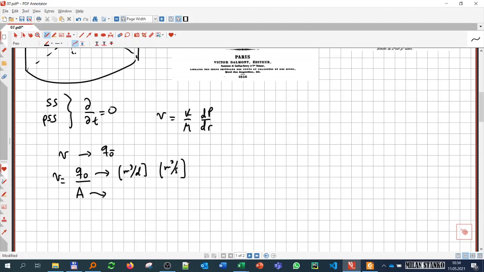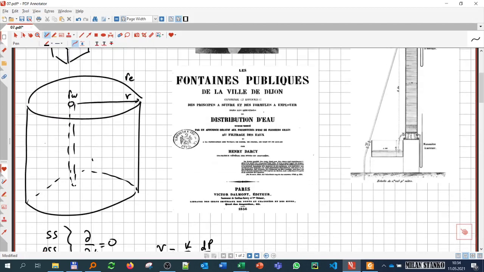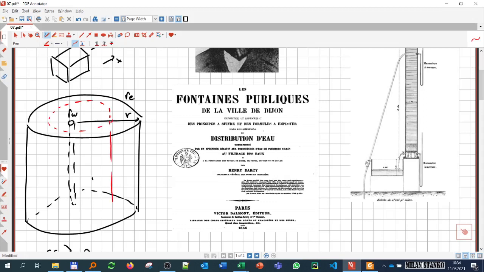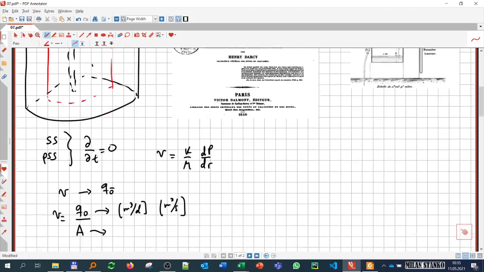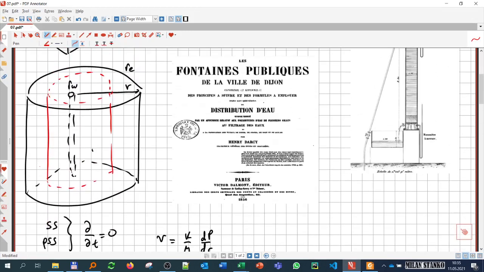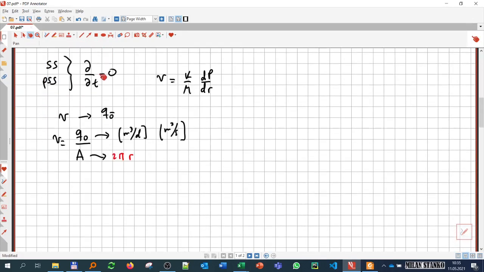And this area is the area that the fluid is going perpendicular to. If I draw something like that, this will be the area, and the area is 2 pi r, that is the perimeter, all of this line that I have here, multiplied by the height h.